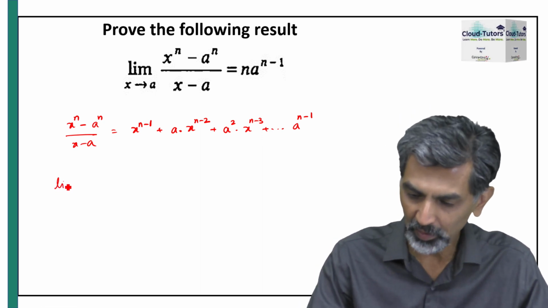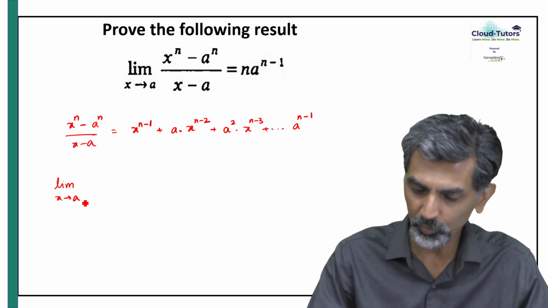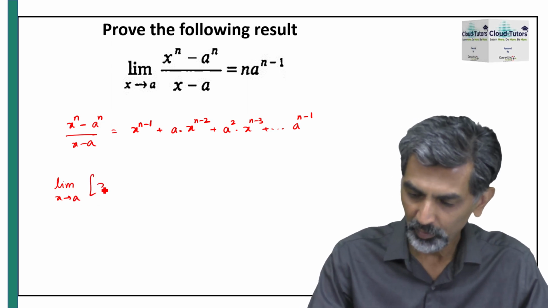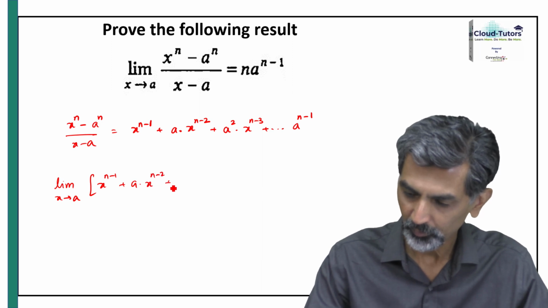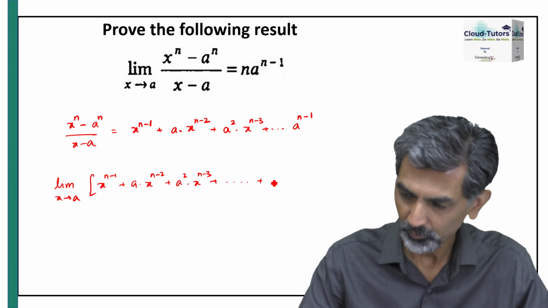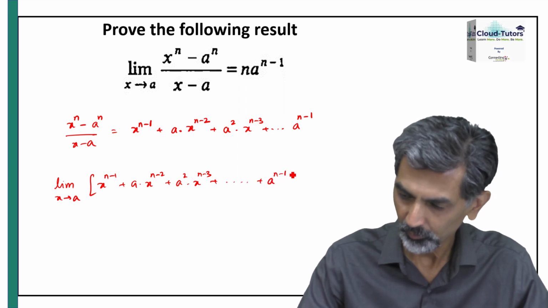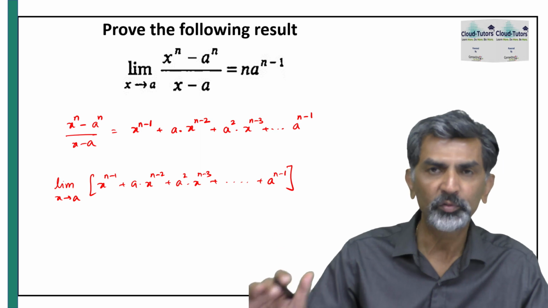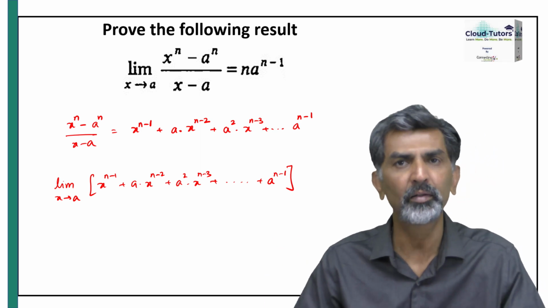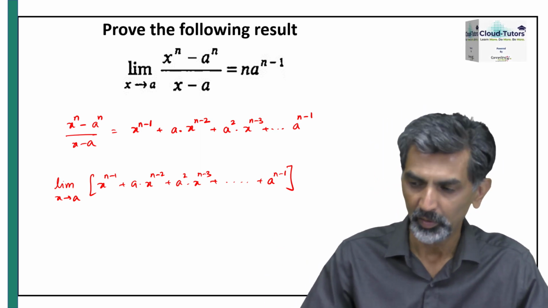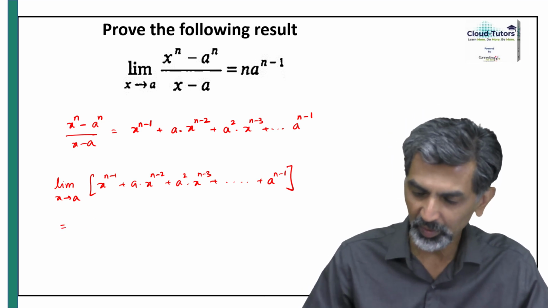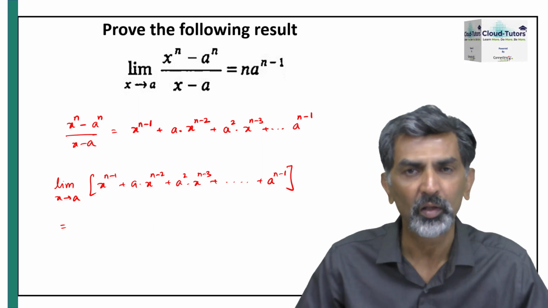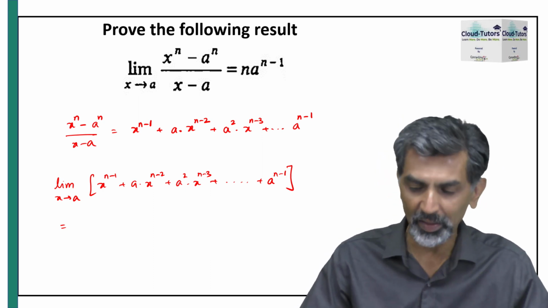So what we need to find out is really the limit as x tends to a of all these terms. And how many terms are there? There are n terms here. So in every one of these n terms, I could substitute x is equal to a. So what do you get?